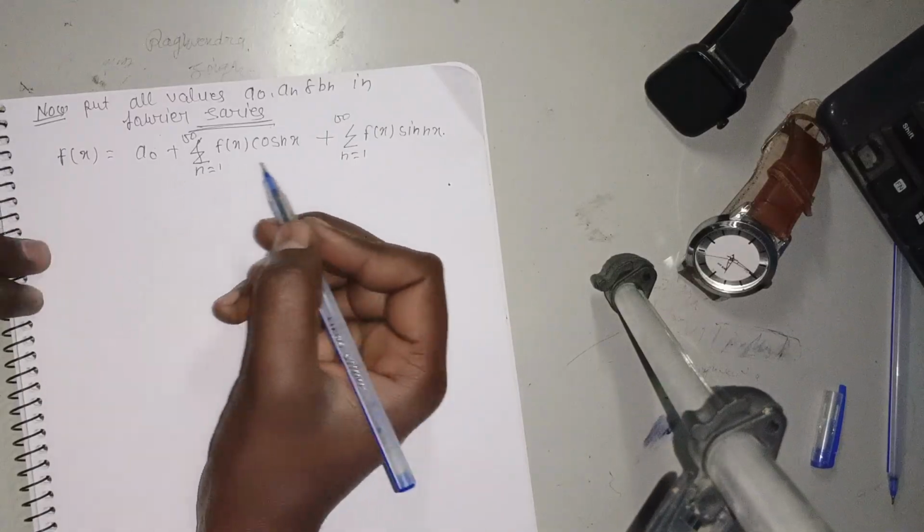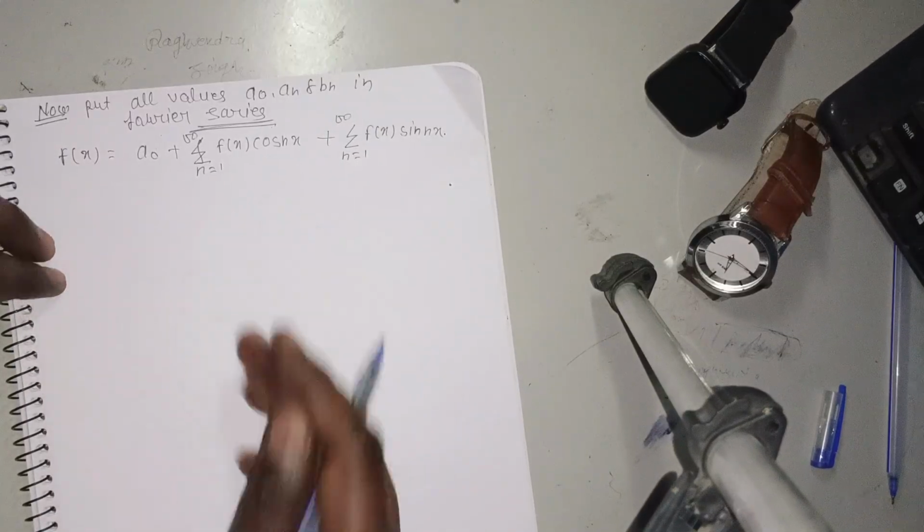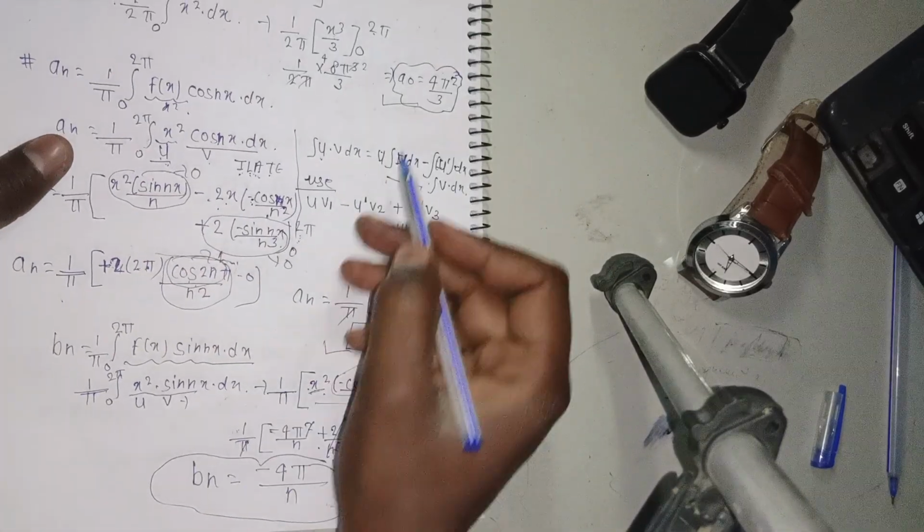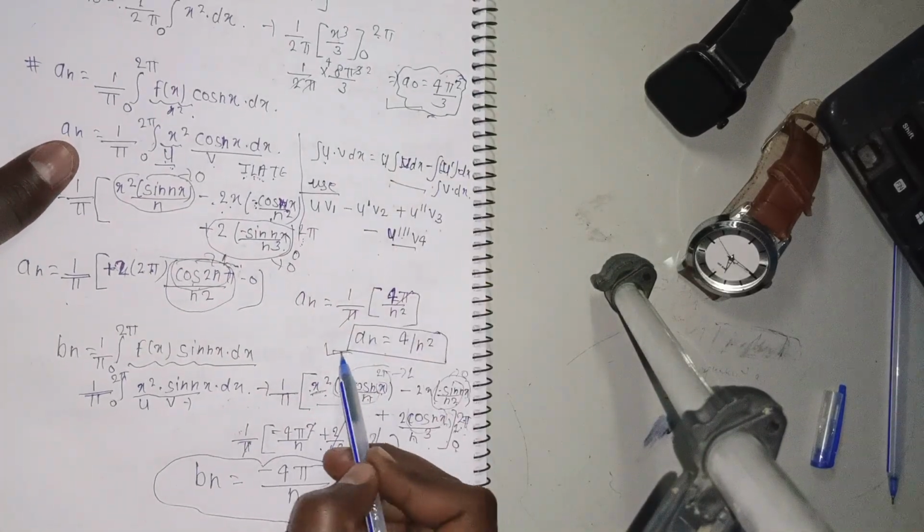I hope this is all visible. So what is the value of a0 which we have found? a0 value is this, an value is this, bn value is this.